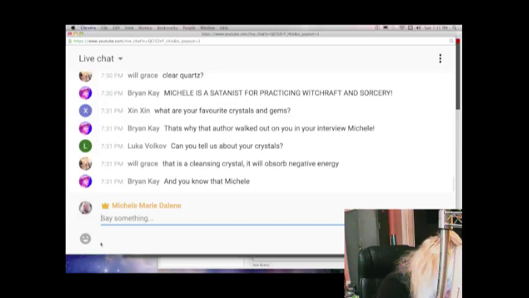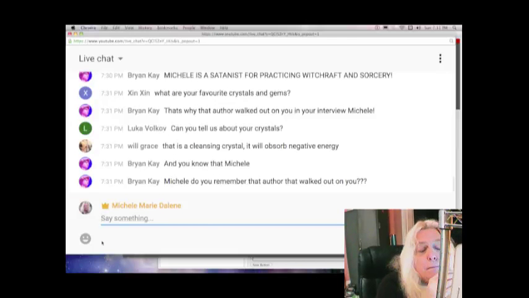It will absorb negative energy. I have noticed that. I know that quartz has a lot of positive energy. When I touch the crystal, I sense a lot of positive abilities on it.